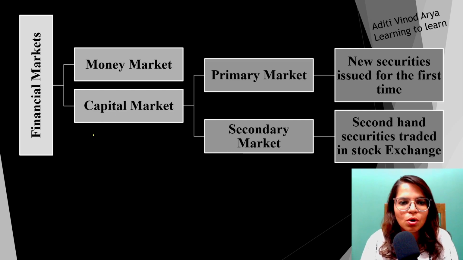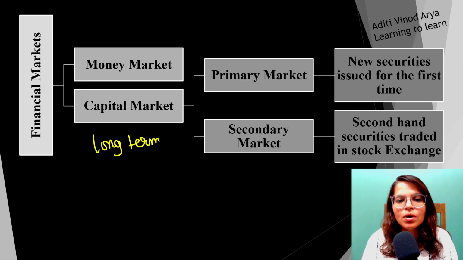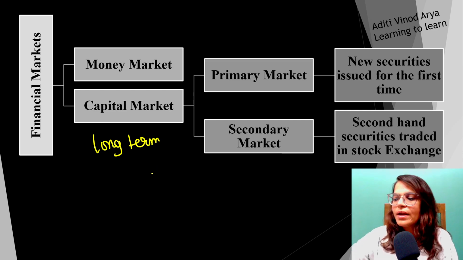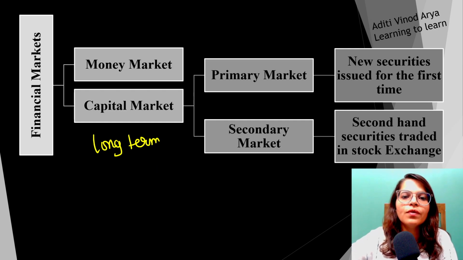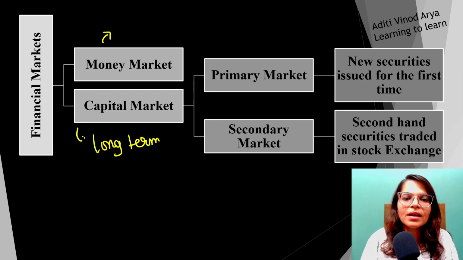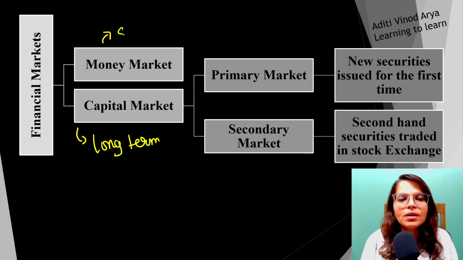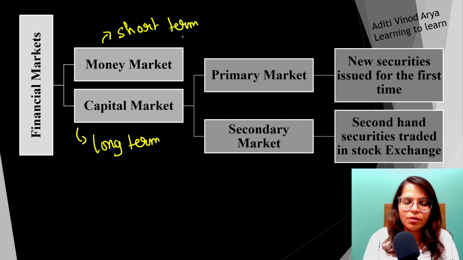So capital market is always usually for long term. If I want to save something, if I want to invest in a way where it is for long term, then I'll go for capital market. But if I want short term investments, like for 6 months, 3 months and so on, what do I do? I go for money market. So money market is usually for short term securities, whereas capital market is for long term securities.